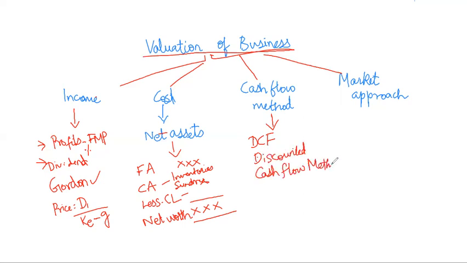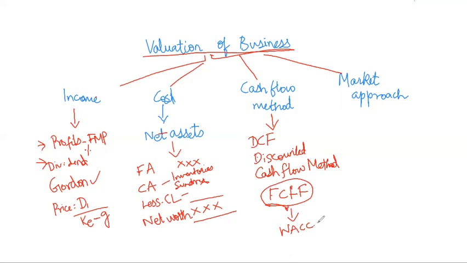In this method, the cash flow of the company is calculated. The free cash flow available for the firm is arrived at, and this is discounted at the rate which is usually the weighted average cost of capital.